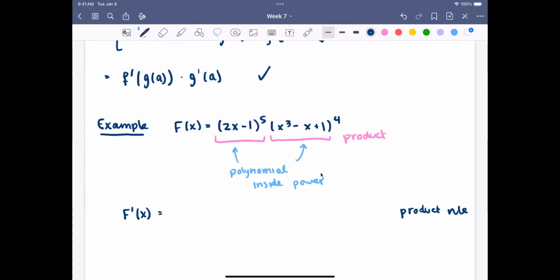I'll use the d dx notation to say what I still need to take the derivative of. So we'll have the derivative of the left thing times the right thing, plus the left thing times the derivative of the right thing.